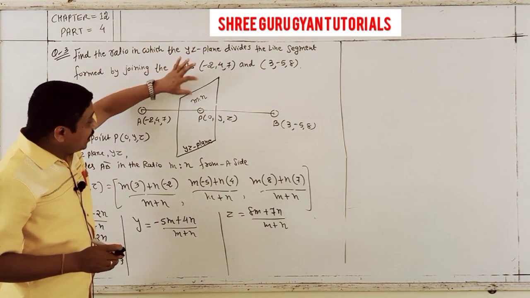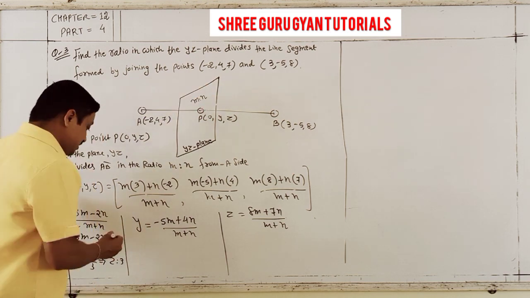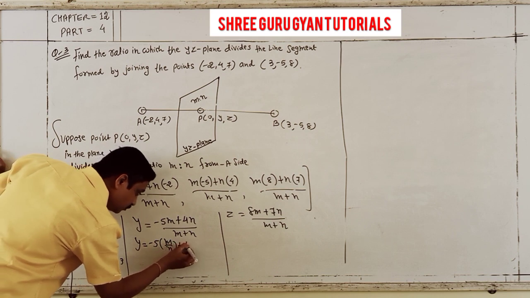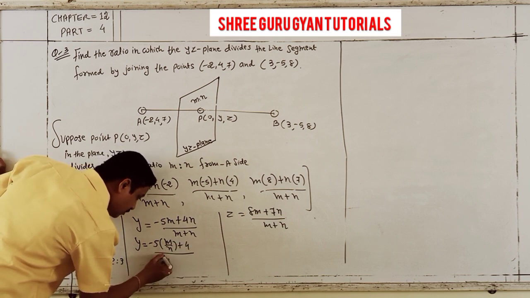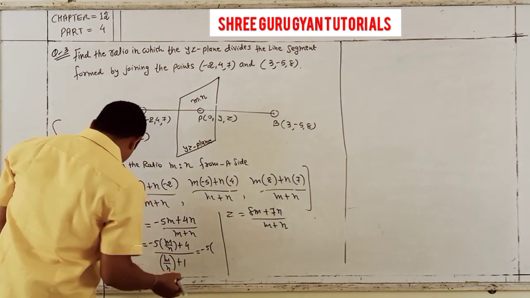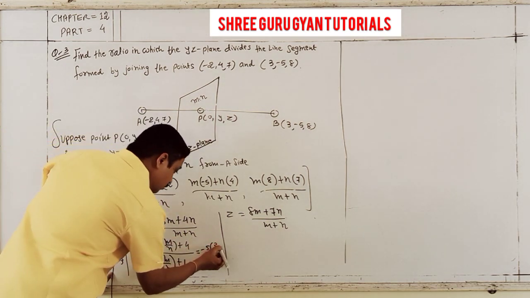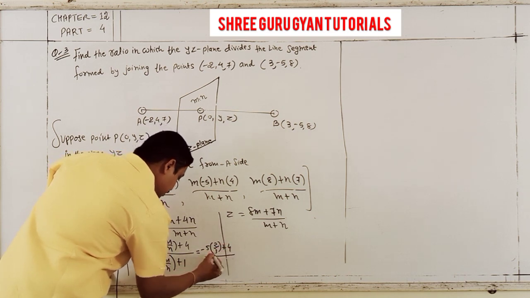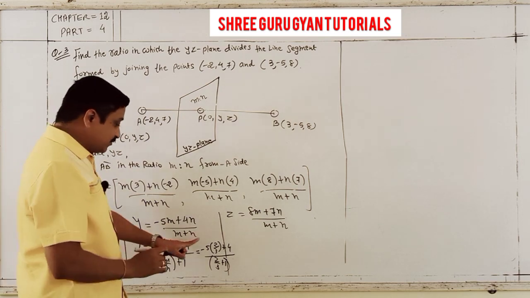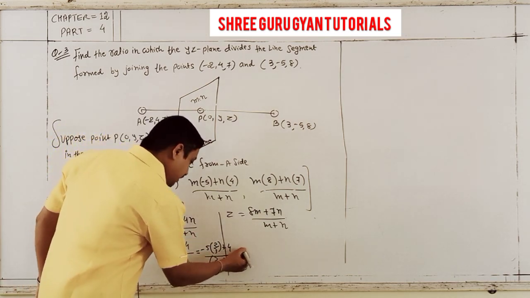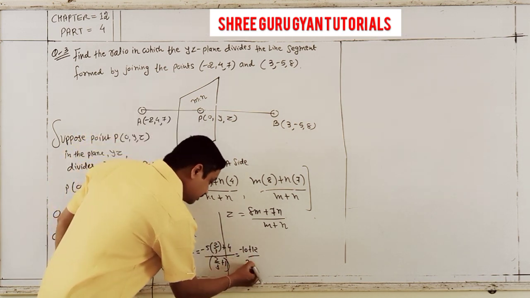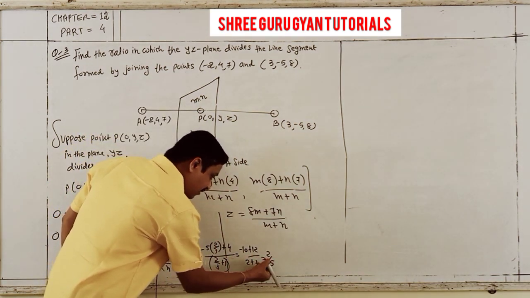But if the point is asked, then I further calculate. Here y is (m by n times -5 plus 4) over (m by n plus 1), and putting in the value m upon n as 2:3, that is (2:3 times -5 plus 4) over (2:3 plus 1). The solution is -10 plus 12 upon 2 plus 3, so the answer is 2 by 5.